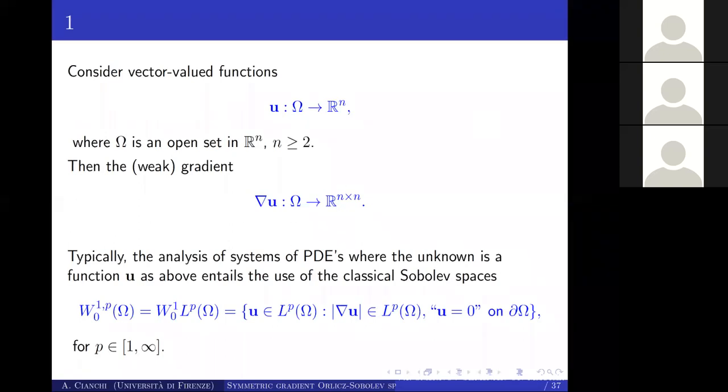In particular, a function space that enters the study of these systems is the classical Sobolev space, which I denote by W^{1,p}_0. This consists of those functions in L^p whose gradient is also in L^p. For the time being, I'll be dealing with functions that are 0 on the boundary of the domain, so that's why I have this 0 in the notation of the space.